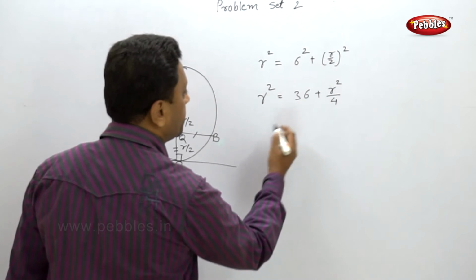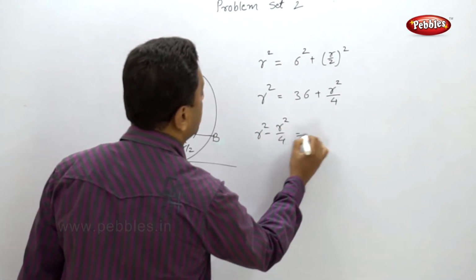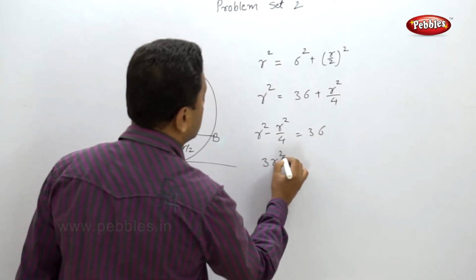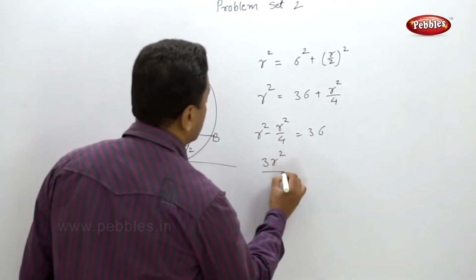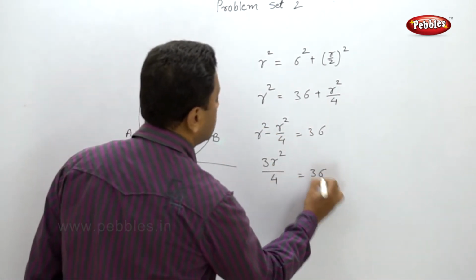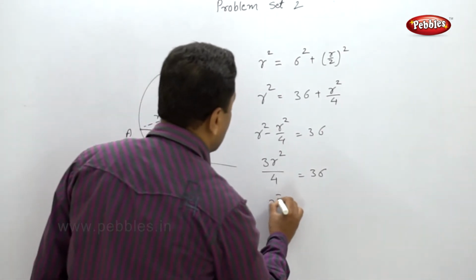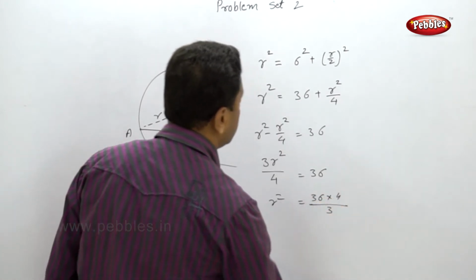So R square minus R square upon 4 is equal to 36, and so we have 3R square upon 4, that is 4 minus 1, is equal to 36. So we have R square is equal to 36 into 4 upon 3.